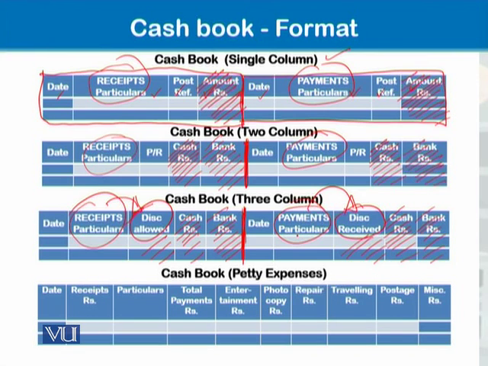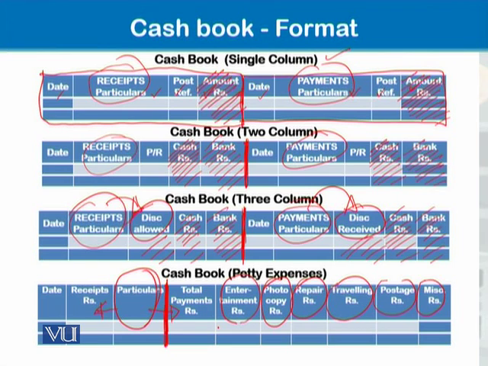Then comes the petty cash book. Its dividing line is in fact over here, and this particular column is common for both the receipt side as well as the payment side. Since it's petty cash, petty means insignificant, something small. So we have expenses of a small or insignificant nature.